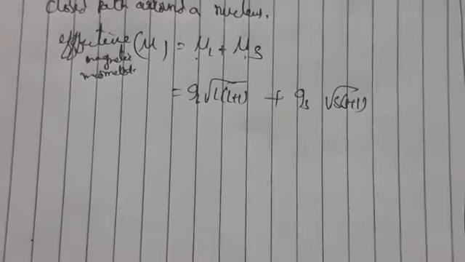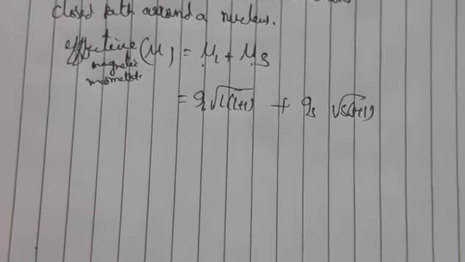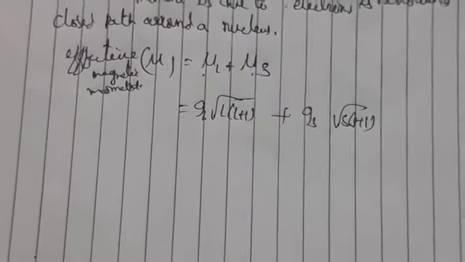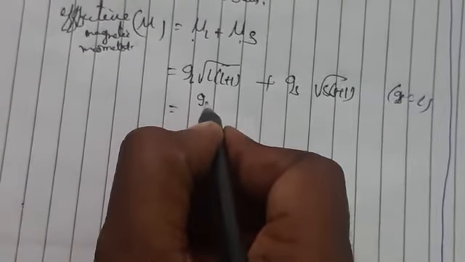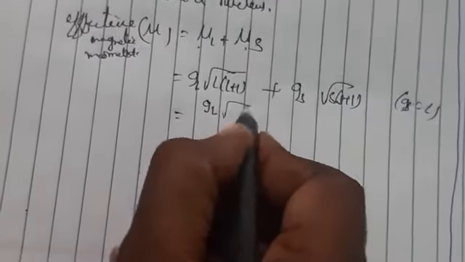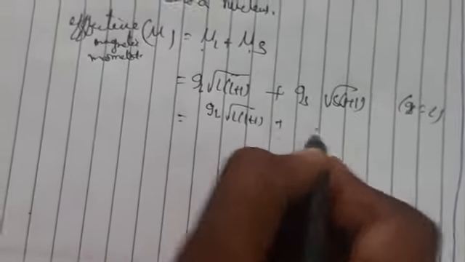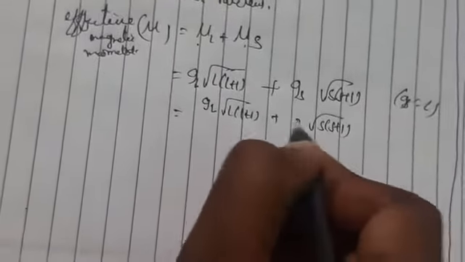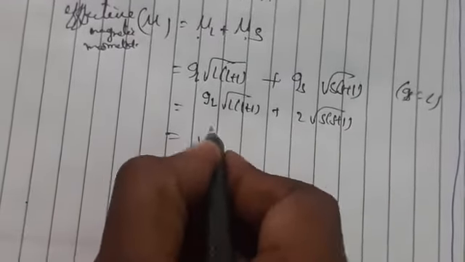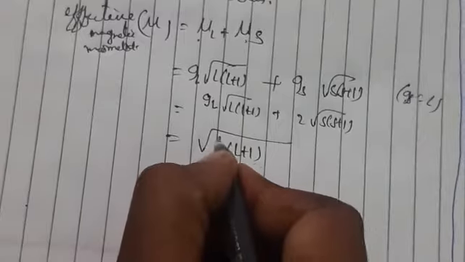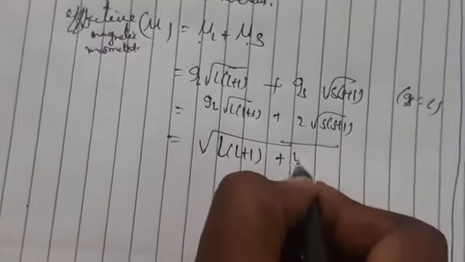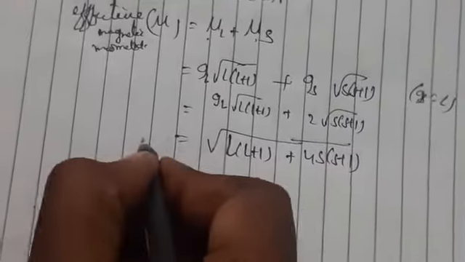Since G S is a constant value of 2, we are going to get root of L into L plus 1 plus 4 S into S plus 1. So this is about the magnetic moment.